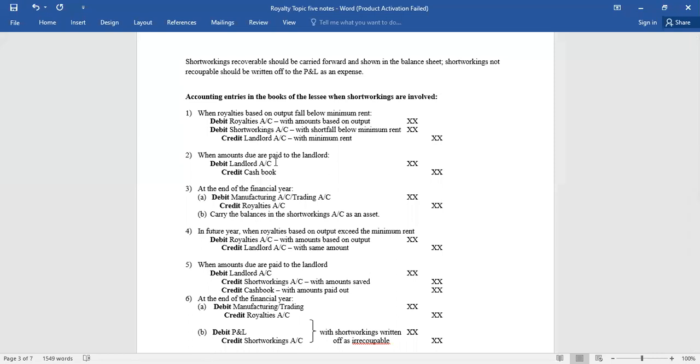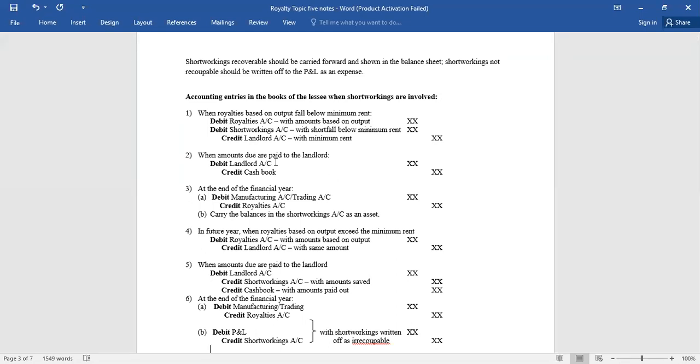So we are saying when the royalties based on output fall below the minimum rent, we are going to debit the royalties account with the actual output, and then the deficit will be our shortcoming. So we are going again to debit the shortfall of the minimum rent, and we are going to credit the landlord account.